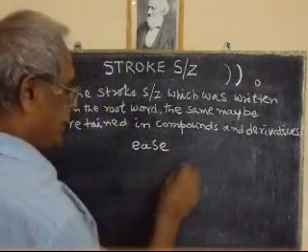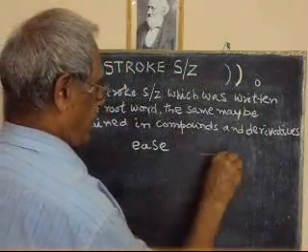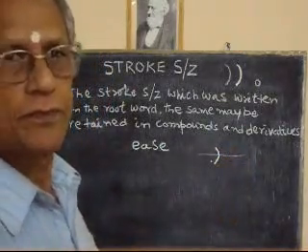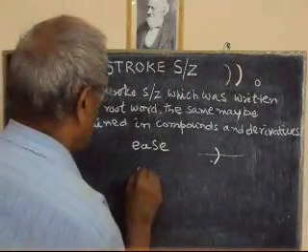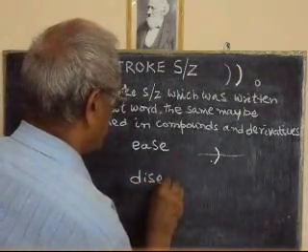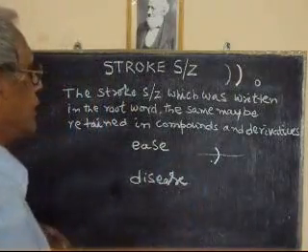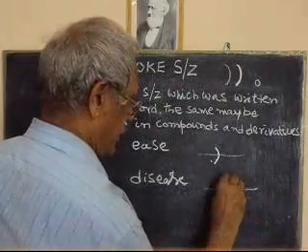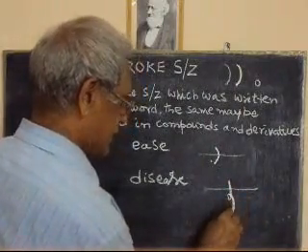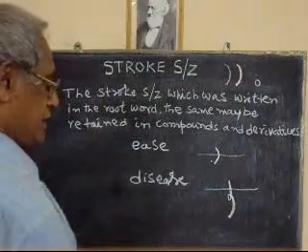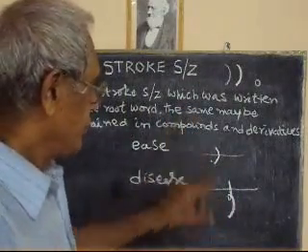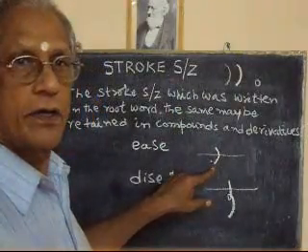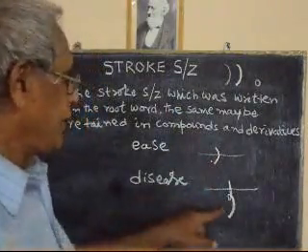Is. You have written is. This is. So in the root word, you have written stroke Z. You retain the same in the derivative.